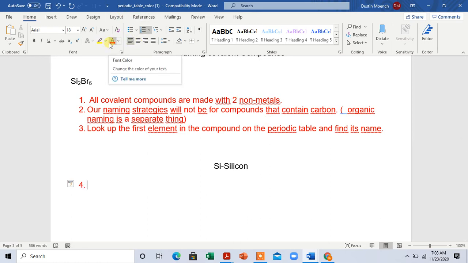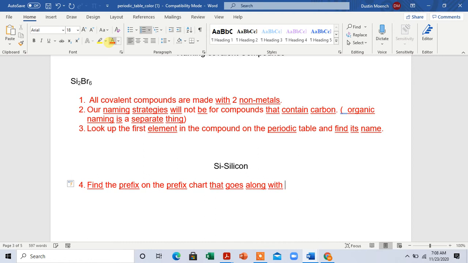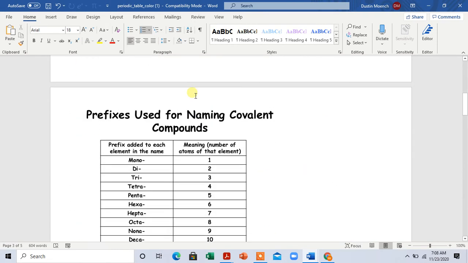Then we are going to find the prefix on the prefix chart that goes along with the number of silicon atoms we have. So look in our formula. There's 2 silicon atoms, so we're going to look up 2 in our prefix chart.